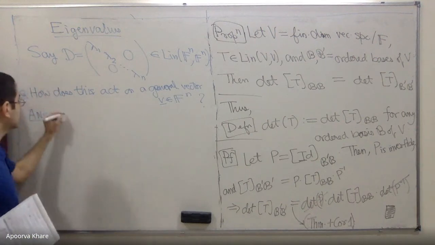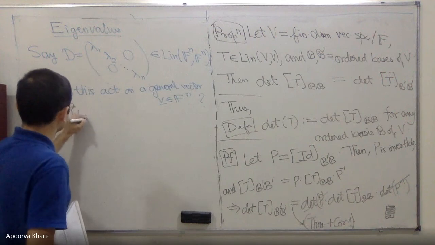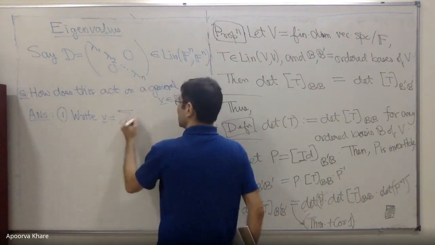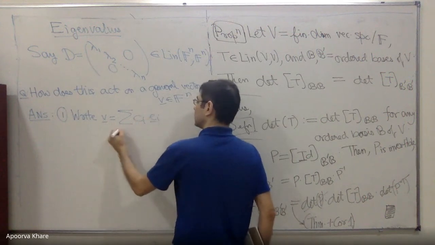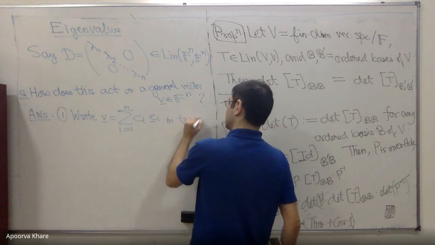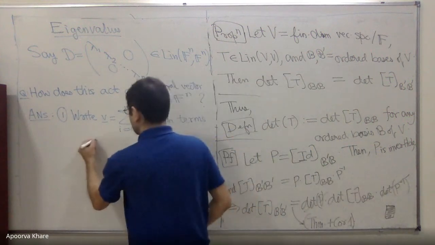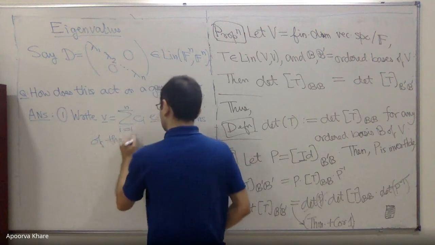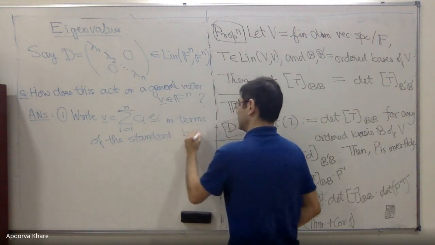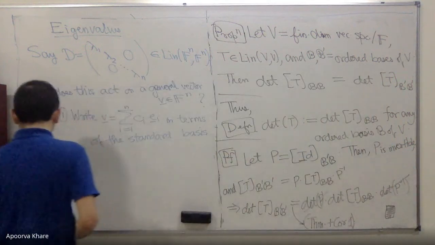Two steps. One is to write down v in terms of the standard basis of F^n, say the summation of c_i e_i. Second, now I can write down the formula trivially, right?